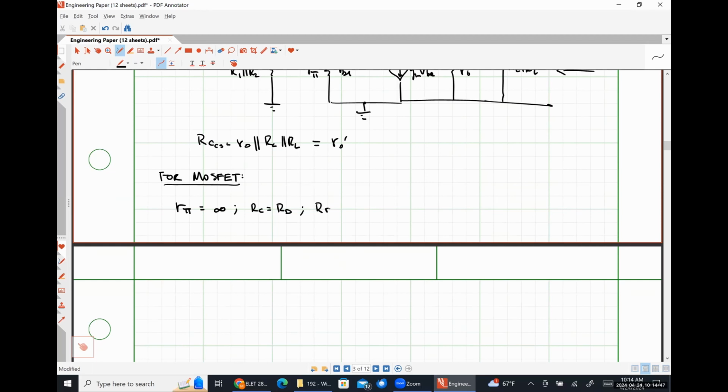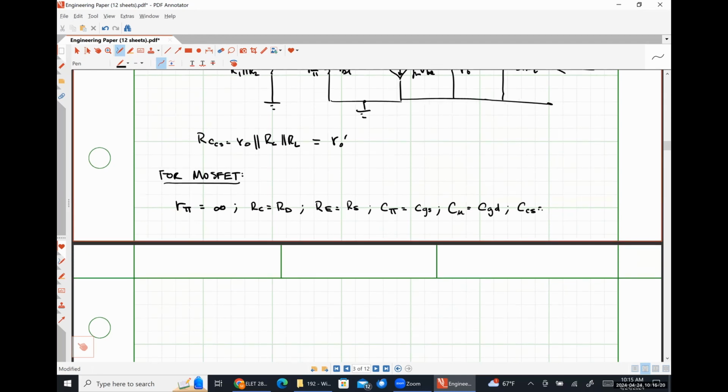Everywhere we saw RE, and this includes our low frequency analysis, we would replace it with RS. Everywhere we see C pi, we will replace it with CGS. Everywhere we see C mu, we would replace it with CGD. Everywhere we saw CCS, we would replace it with CDB.